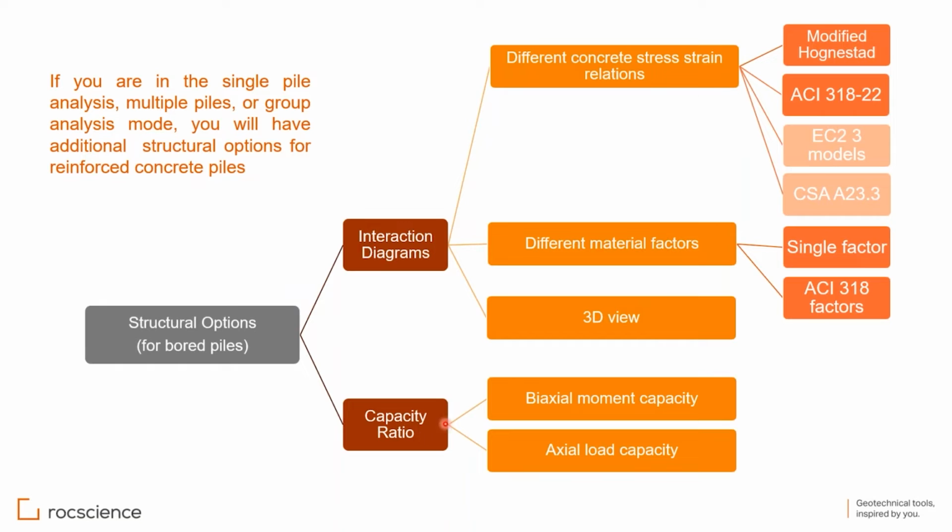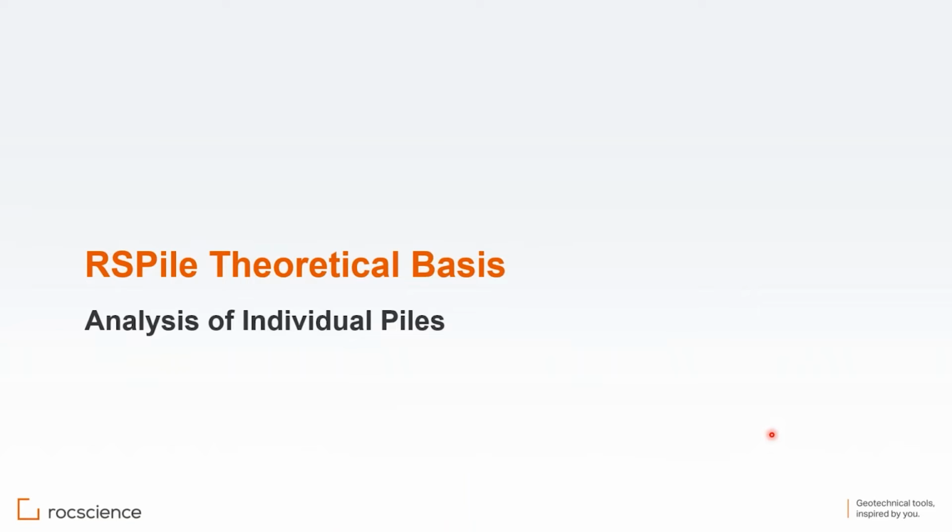If the biaxial moment applied exceeds the biaxial moment capacity, you will have an inadequate section. The same goes for the axial load capacity: if your axial load exceeds the allowed axial load capacity, of course, because you may need to calculate some factored axial load capacity, you will get the same indication that the section is inadequate.